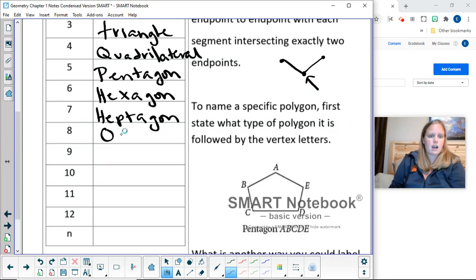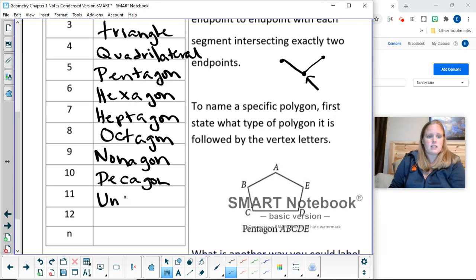So this is an octagon. 9 is a nonagon. 10, like 10 years, is a decade. So this is a decagon. 11 is an undecagon. And 12 is a dodecagon.